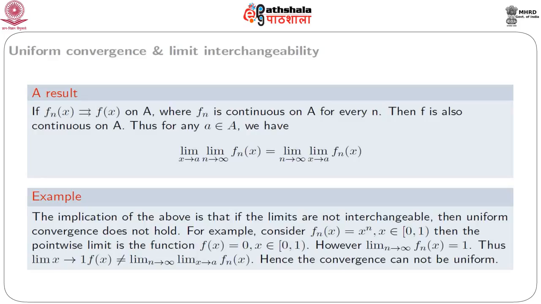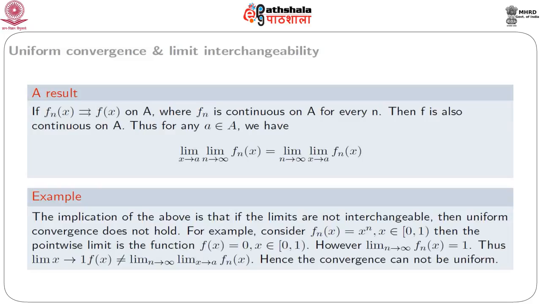For example, consider f n x as x to the power n, x ranging from 0 to 1, where the 0 point is included. Then the pointwise limit of the sequence of functions is simply f x, which is 0 for every x belonging to [0,1). However, limit of f n x equals 1 when x equal to 1.